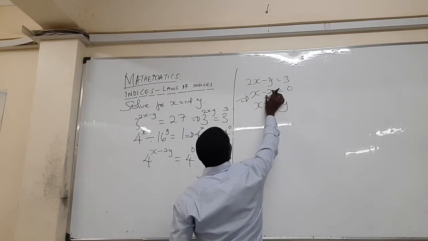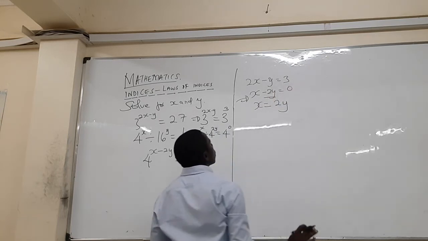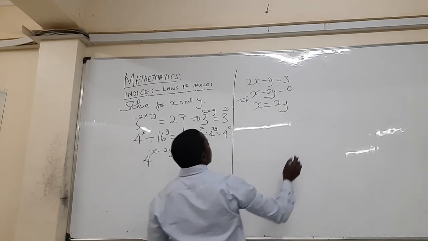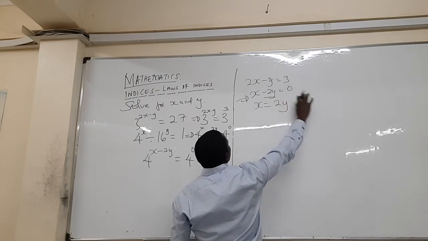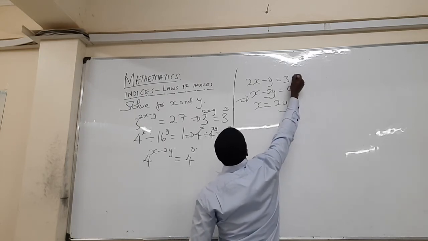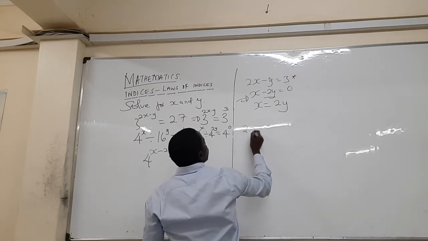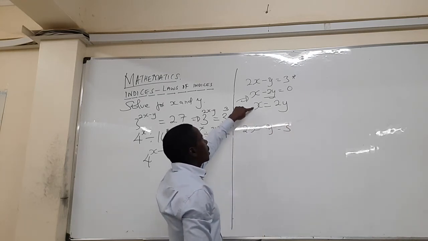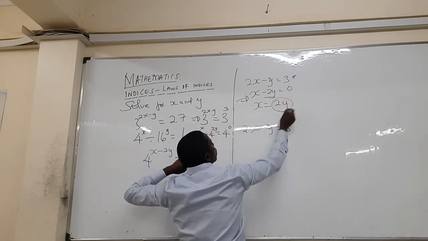We take minus 2y to the other side, and it becomes plus 2y. Then we go to the first equation. We have 2x minus y is equal to 3, and we replace x with the value 2y.